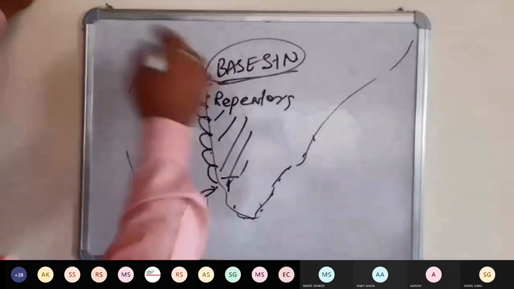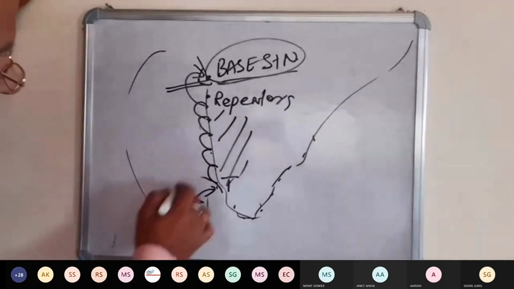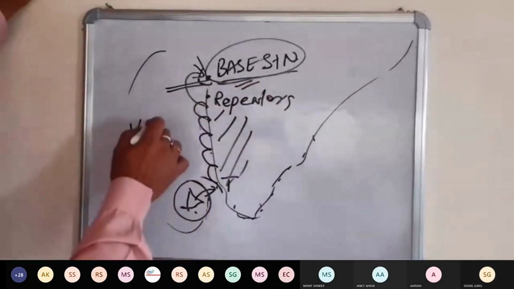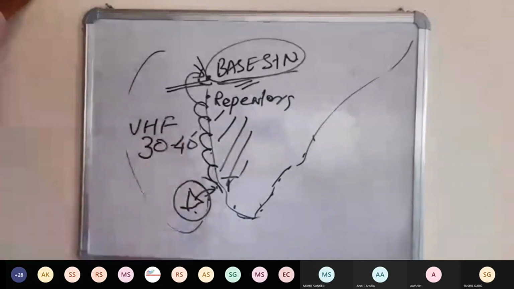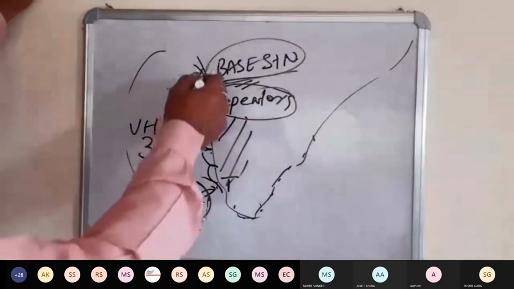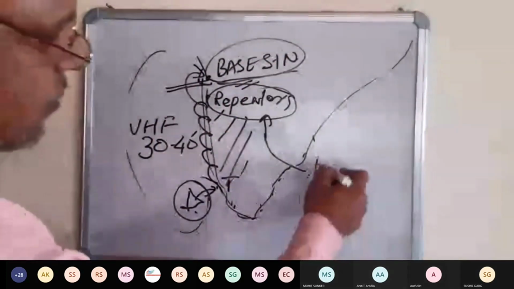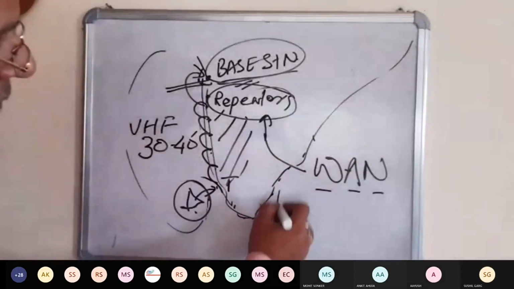So somewhere in Maharashtra, it is possible that in Kerala coast, if there is a ship, it can be observed using the VHF range of 30 to 40 miles also. How? By means of repeaters. So we can cover large area by means of these repeaters, and these are referred to as wide area network.